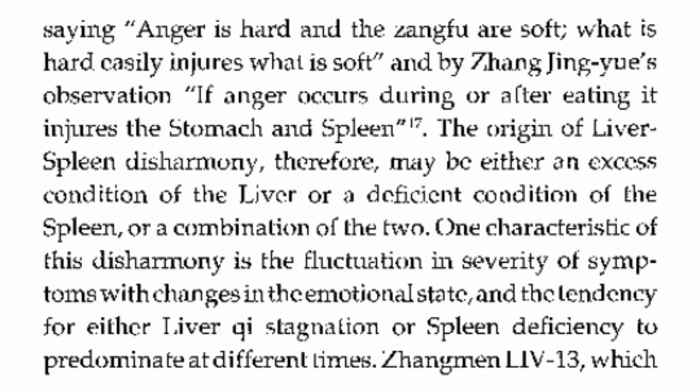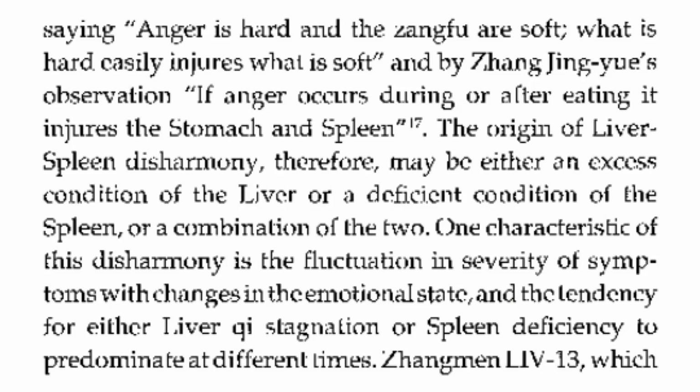This process is reflected in the saying, anger is hard and the zangfu are soft. That is, hard easily overcomes what is soft, and by the Sang Jing Shu's observation, if anger occurs during or after eating, it injures the stomach and spleen. The origin of liver-spleen disharmony, therefore, may be either an excess condition of the liver or a deficient condition of the spleen, or a combination of the two.